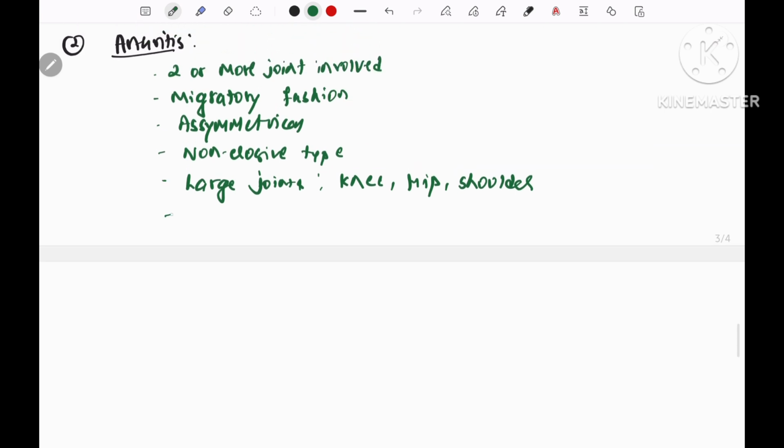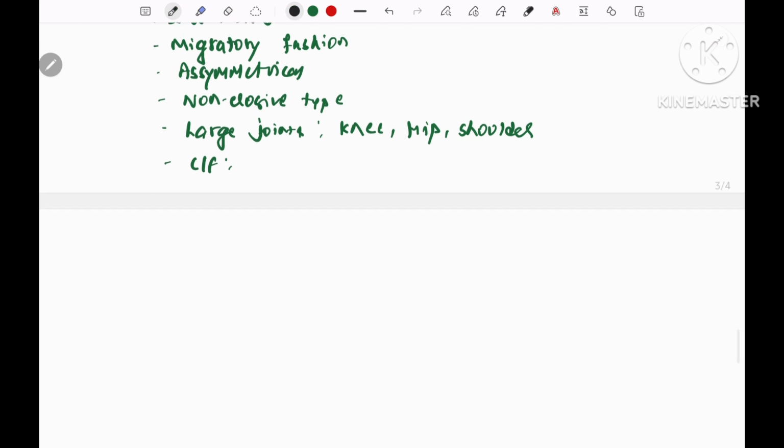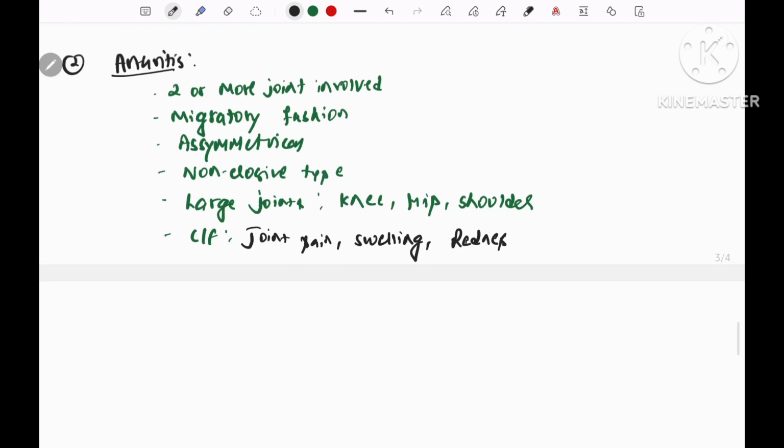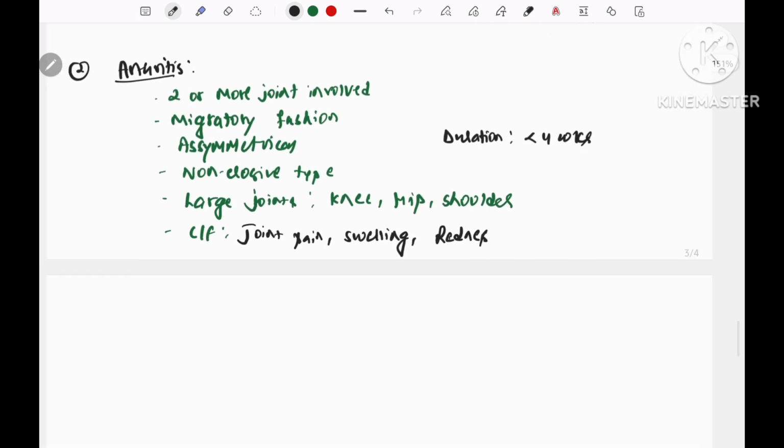They basically manifest with features like joint pain, swelling, and redness, and their duration is less than 4 weeks. So these are the things which we should know about arthritis.